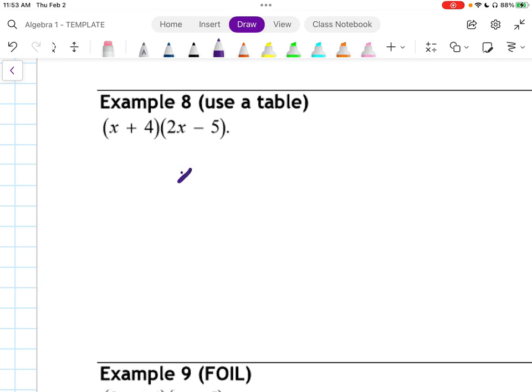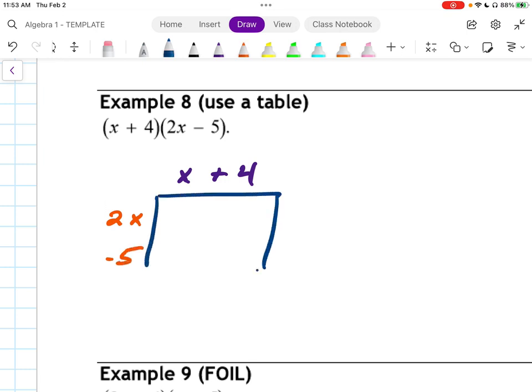So we have x plus 4 on one of them. And then we have 2x minus 5 on the other. And I'm making this into a little table here. Now, in each of these, just like a multiplication table that we've done before, you multiply the pieces.